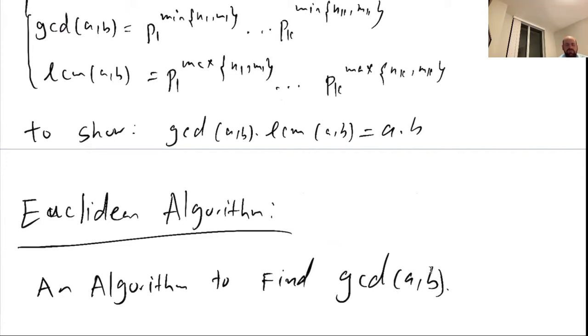You may tell me that we already have an algorithm to find GCD. What was the algorithm that we learned so far? We need the prime factorization of A, prime factorization of B. Then we need to list the common prime factors, each one with the minimum power. We have to choose the minimum powers for each prime factor.